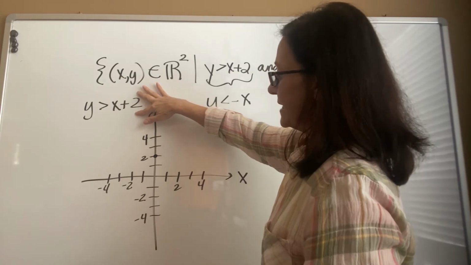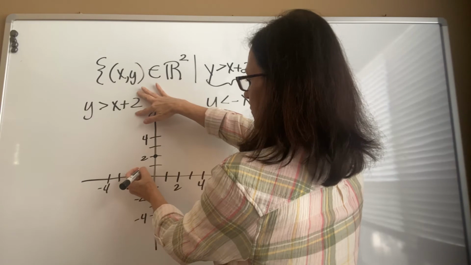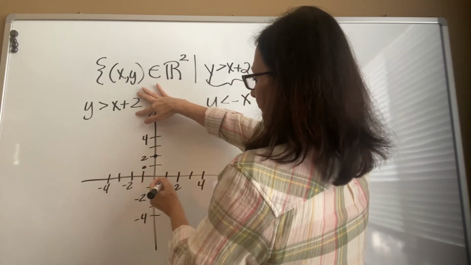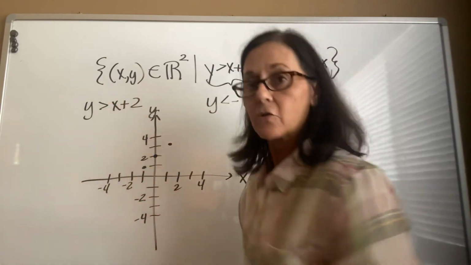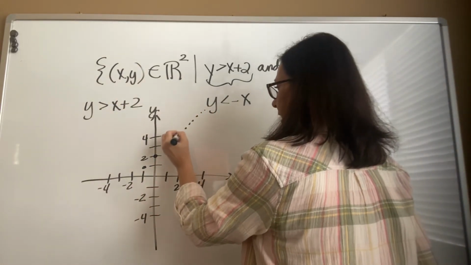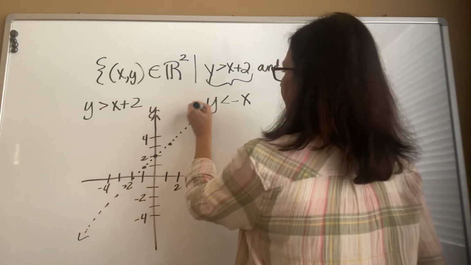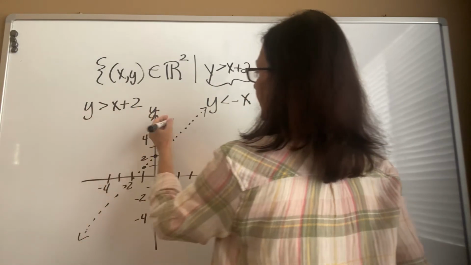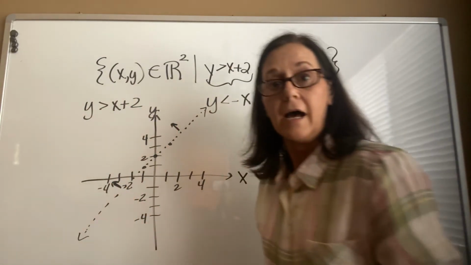When x is -1, -1 plus 2 is 1. And when x is 1, y is 3. Because it's greater than, it's a hyphenated line, because it's not equal to that line, right? And so you graph a hyphenated line. It's y greater than. Greater than is the region above the line.